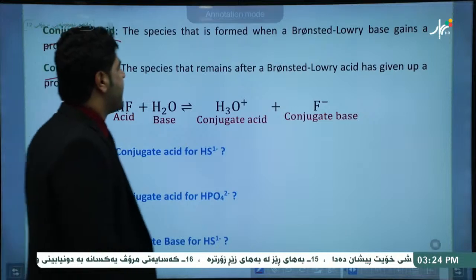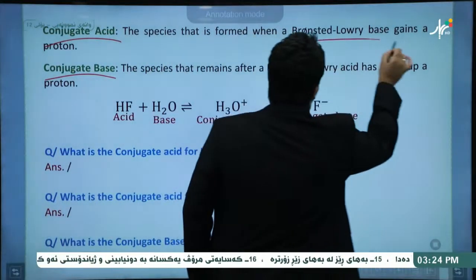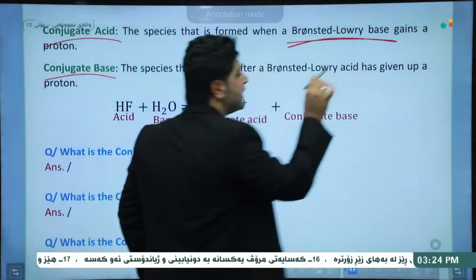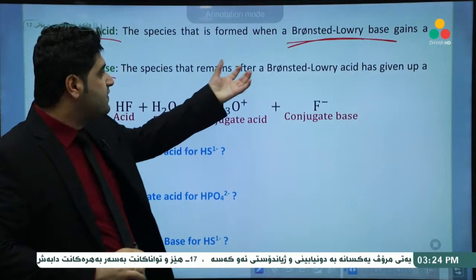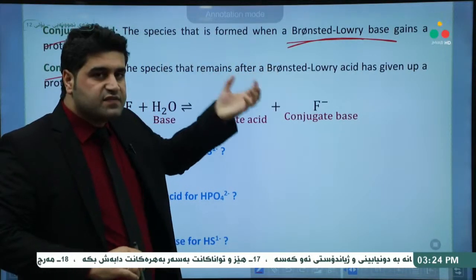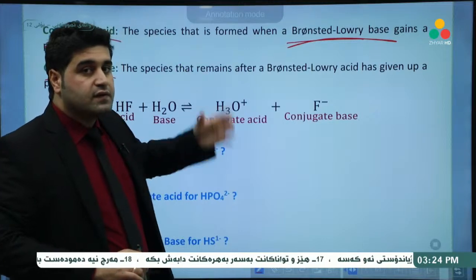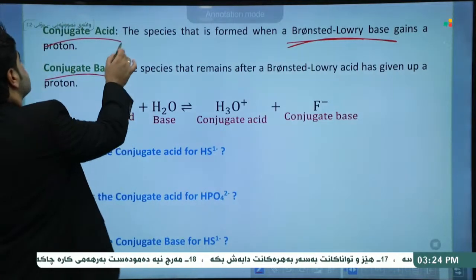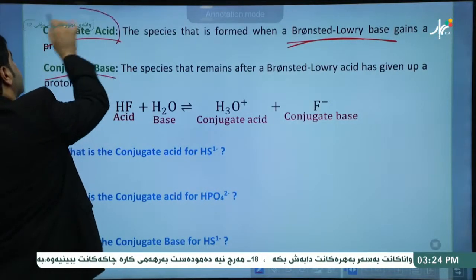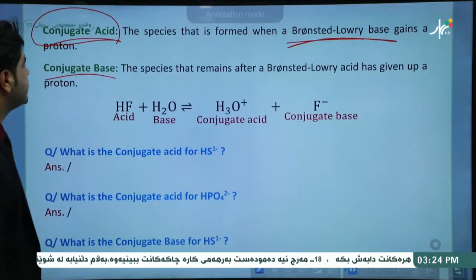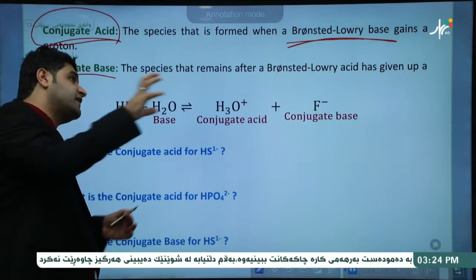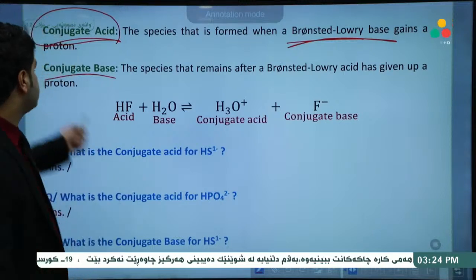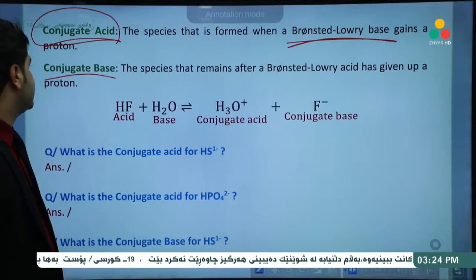Oh, conjugate acid, it means when we have a base compound and when they receive a proton, they are going to be a conjugate acid. So how can we get a conjugate acid? Oh, teacher, if we have a base compound and after gaining a proton, it will be a conjugate acid.